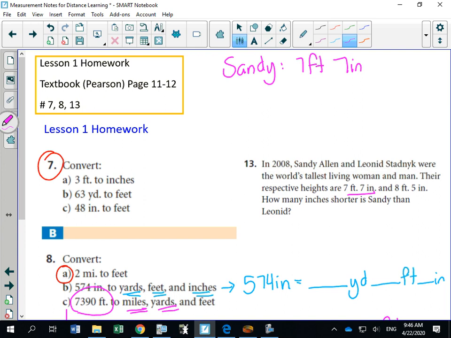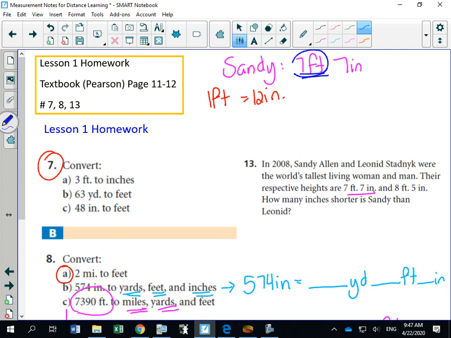What we have to do is we have to convert this all to one conversion. And we always convert it to the smaller one, which is inches. We're going to figure out how many inches total is Sandy. So what I need to do is I need to take this 7 feet and figure out how many inches is 7 feet. So the conversion between a foot and an inch, if you look at your formula sheet, 1 foot is equal to 12 inches.